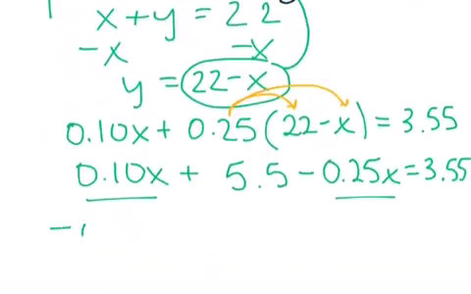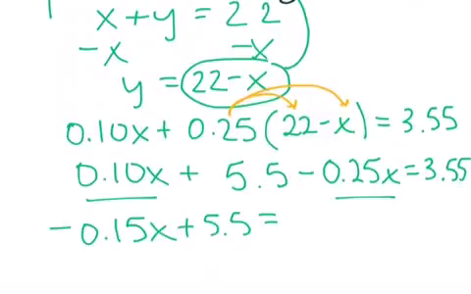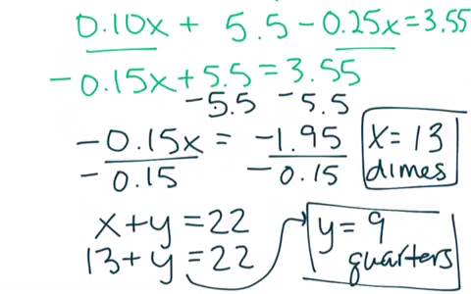So now I've got negative 0.15x plus 5.5 is equal to 3.55, and I'm just continuing to solve from here. So I solved for the x value, got my x equals 13 dimes, and then I plugged that back in and got my y equals 9 quarters. The big thing here is making sure that I include a unit, or what the variable and the value actually represents.